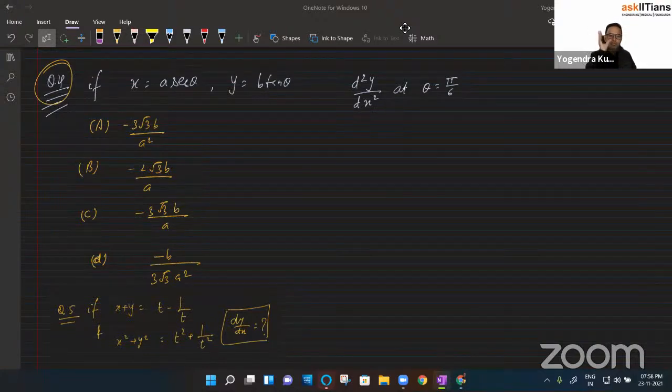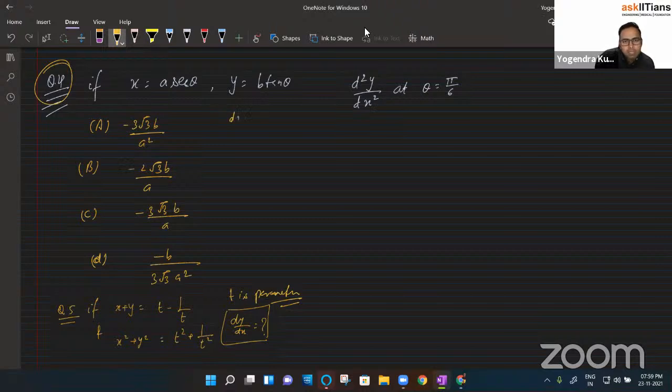No guys, it is variable only. You can say T is a parameter, parametric form, given like that. You cannot take it as constant, because otherwise you differentiate the first equation only and get dy by dx, so that's not correct. T is a parameter. Though it is not mentioned in the question, I know it should be mentioned.